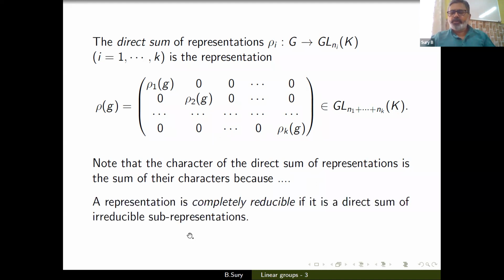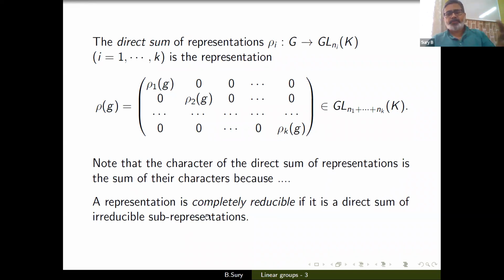Since you presumably have heard all these names during previous talks, and maybe you already know them, I'm going very quickly through a number of definitions. A representation is said to be completely reducible if it is a direct sum of irreducible sub-representations. So you have a big representation, you can make it into blocks, and each block is irreducible. In other words, you cannot find an invariant subspace of this n1-dimensional representation again. That means breaking it up as much as possible.